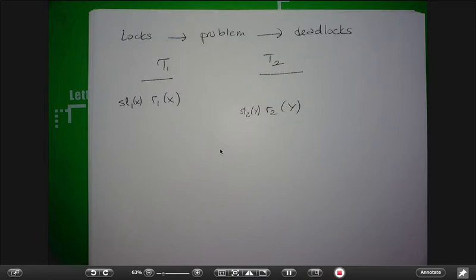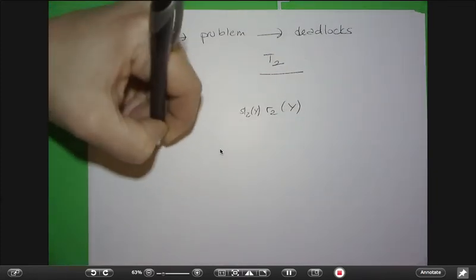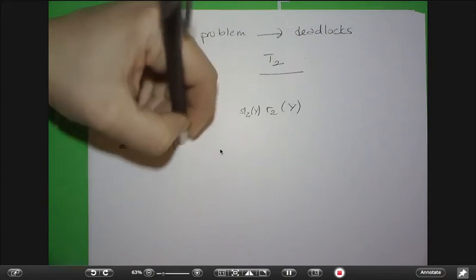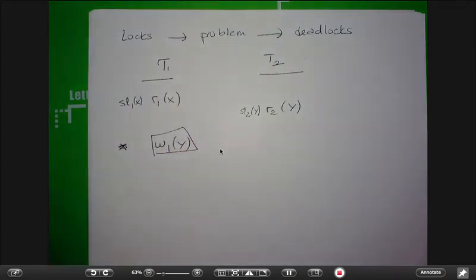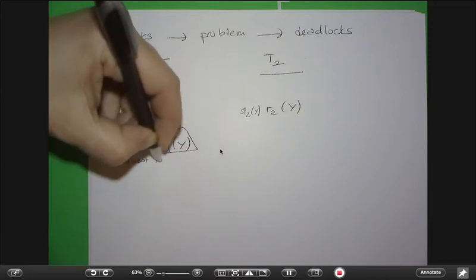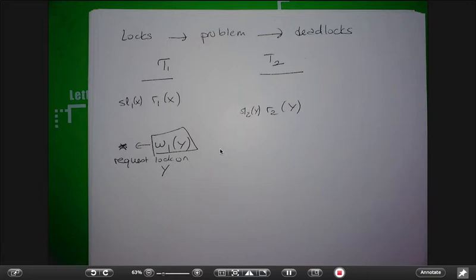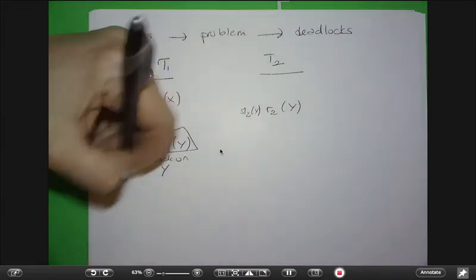Now let's say T1 decides that it needs to actually write y, right? So it wants to write y. So it requests an exclusive lock on y. But it cannot get an exclusive lock on y because transaction 2 is already looking at this. So then we suspend T1.